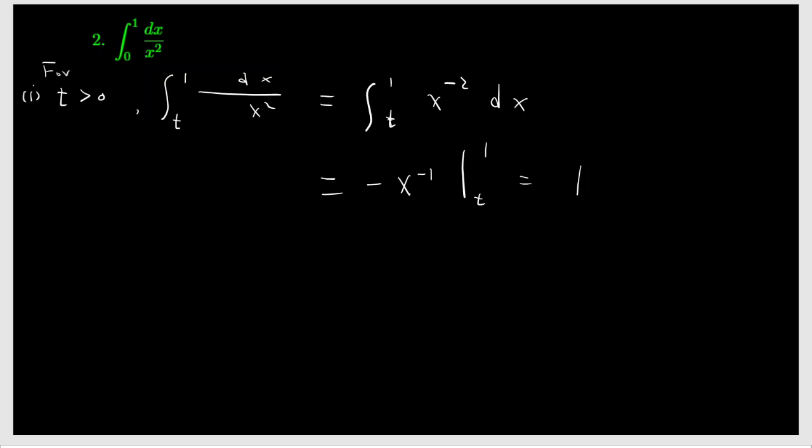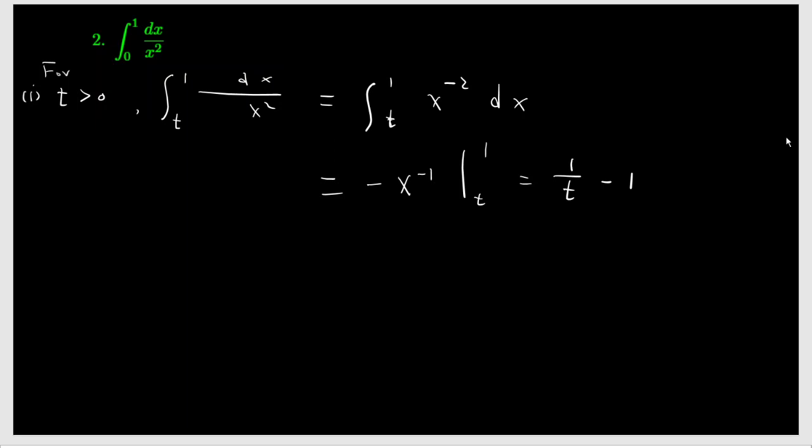I think you have something like, you plug in t, you have 1 over t, right? Positive 1 over t minus 1, is that right? So that's the answer to step 1.